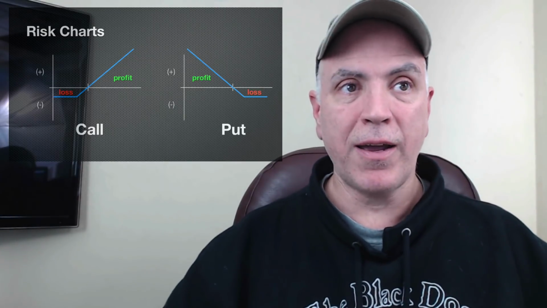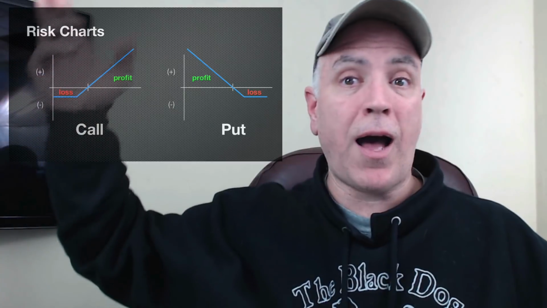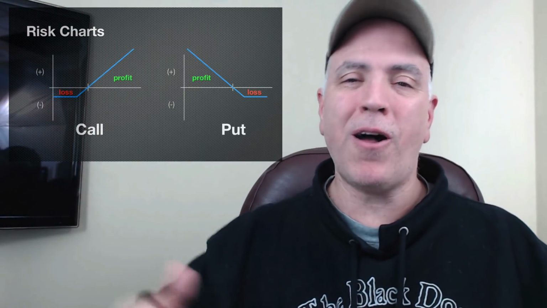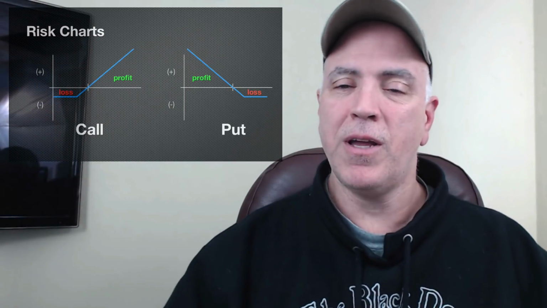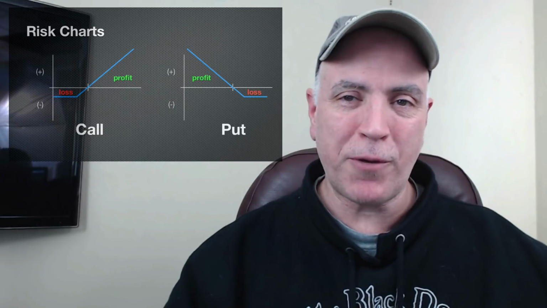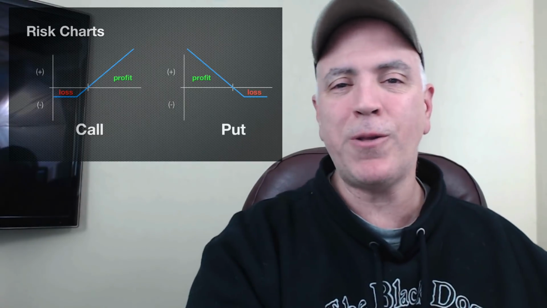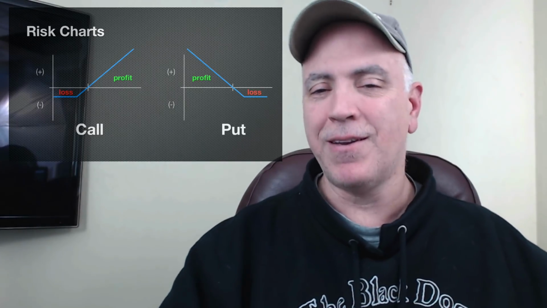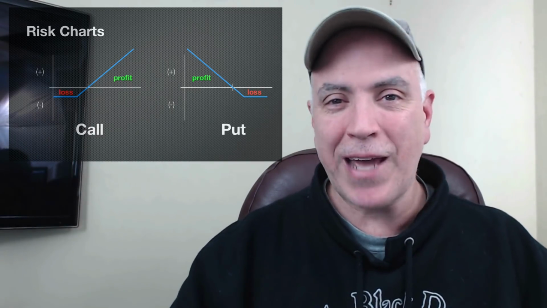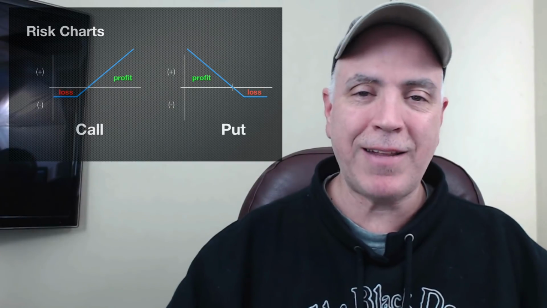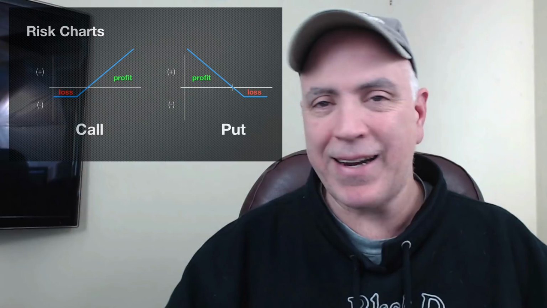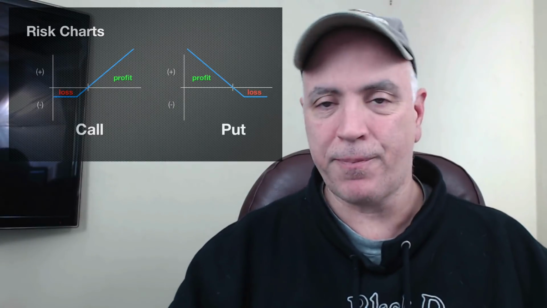Stock theoretically could go up infinitely, and that's why a call has unlimited profit potential. A put, I guess you could say it also has unlimited profit potential, but it really doesn't, because the stock can really only go down to zero. So that's the limit. But for all practical purposes, you're not going to have to worry about that with Apple. It's not going to zero, at least not any time soon. So it's kind of an academic argument.